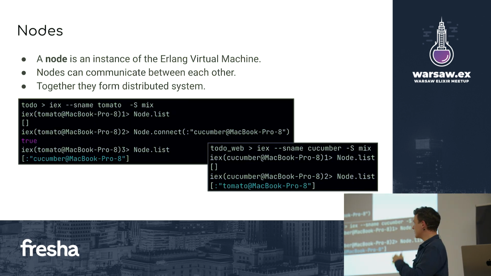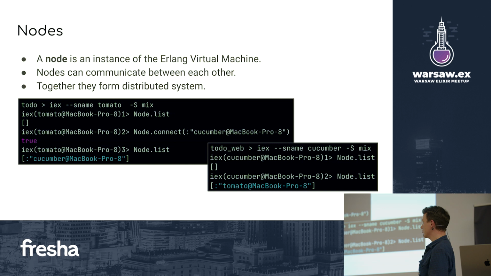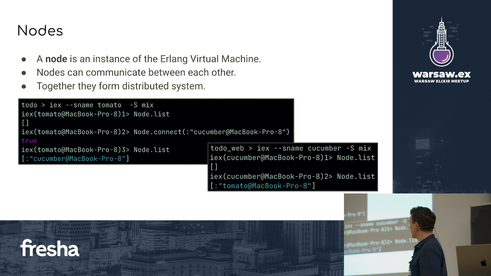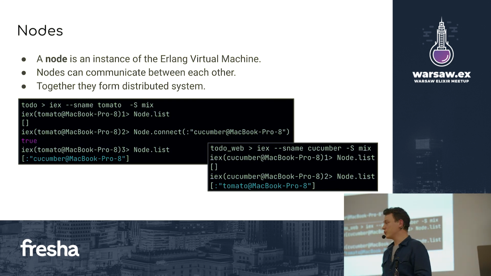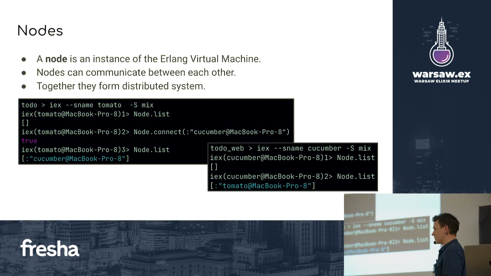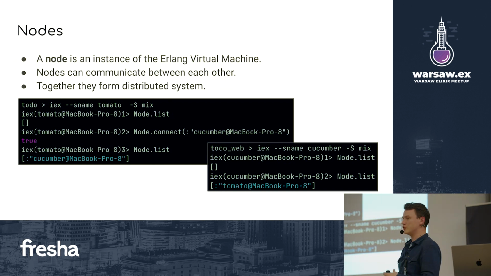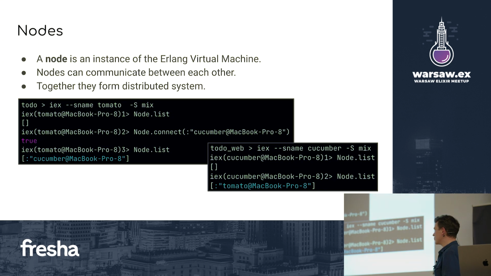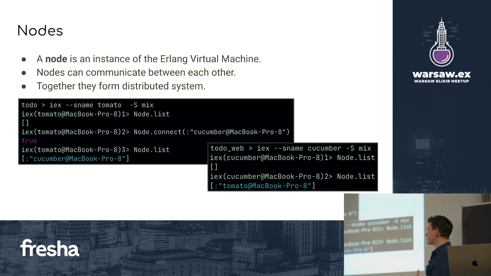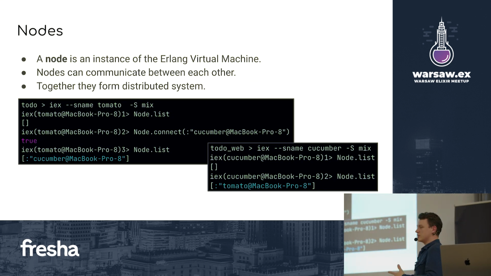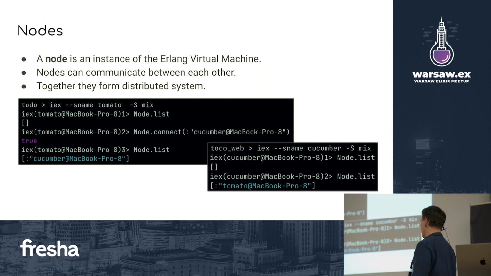And what actually is a node? It's just an instance of the Erlang virtual machine, and nodes can communicate between each other. There are certain mechanisms that are ready to be used to make them talk to each other, and basically they form a distributed system together.